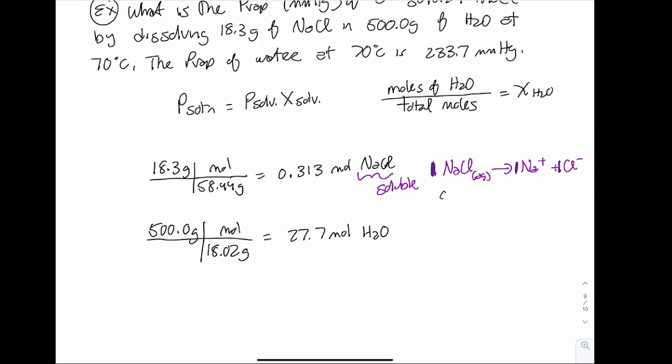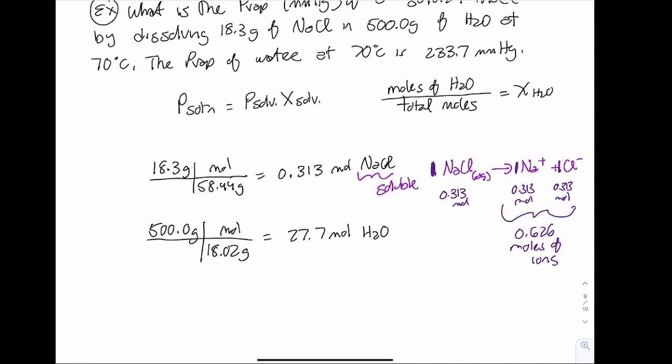If I have 0.313 moles of sodium chloride, what I have is 0.313 moles of sodium, because it's a 1-to-1 ratio, and 0.313 moles of chloride. So in solution, what I have total is 0.626 moles of ions. And that's the number I'm going to add to my moles of water to figure out my total moles.